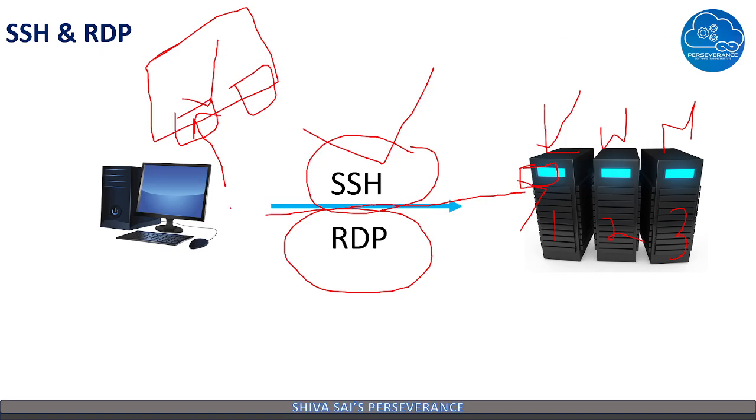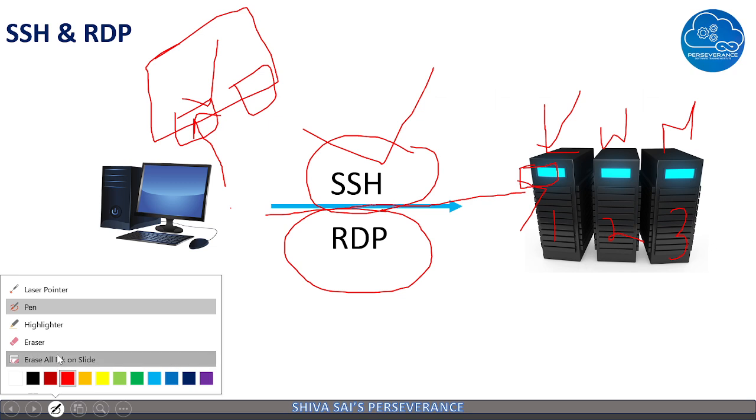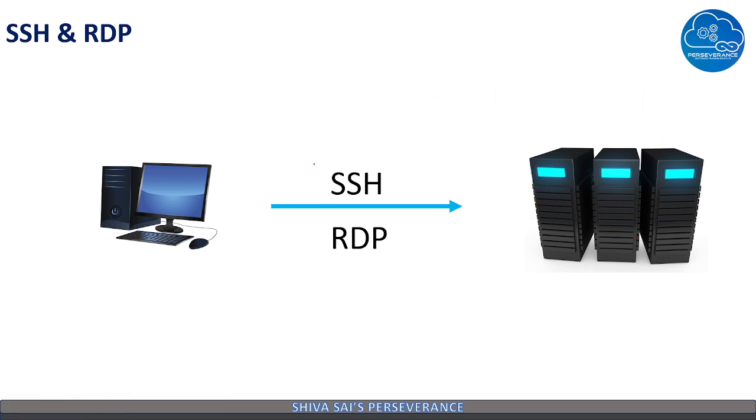Let me clear this up. When we initiate a connection via SSH to the server, as I told, server 1 is Linux, this is Windows, and this is Mac. As SSH uses port 22, that should be allowed here. If somebody can connect to me via SSH, this port should be opened, and that setup we need to do at the server level.